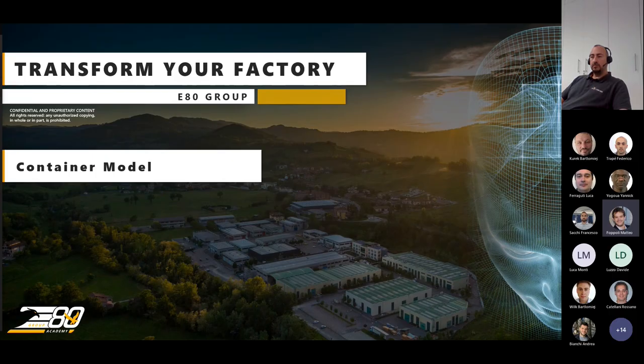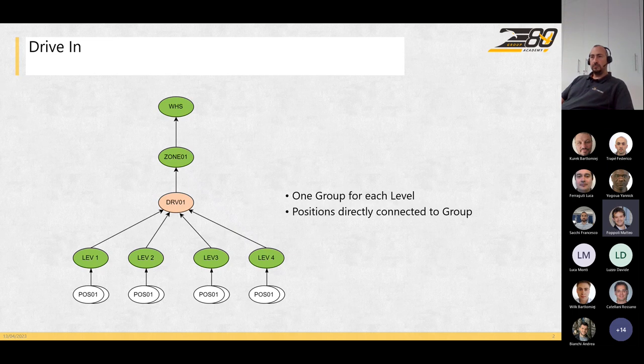Starting with the drive-in module, we will see the structure of one drive-in. It is this one. We see how the drive-in is structured with levels. The levels are basically groups that are warehouse scope, so we use them just to have the knowledge of the properties of the group and level and the constraints of the level.